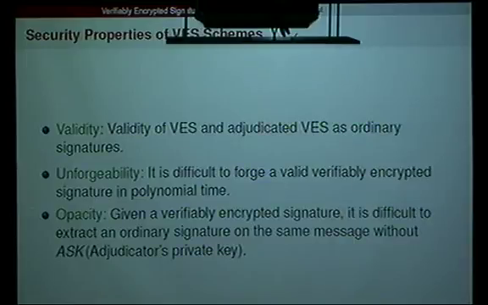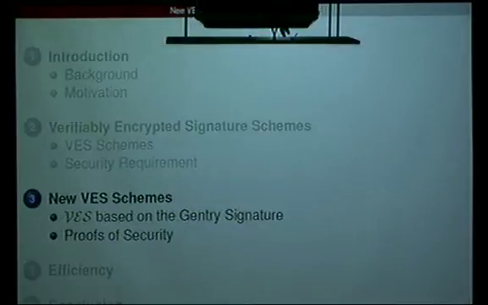And the unforgeability and the opacity should be proven for the VES. Unforgeability means it is difficult to forge a valid VES, and opacity means it is difficult to extract an ordinary signature.